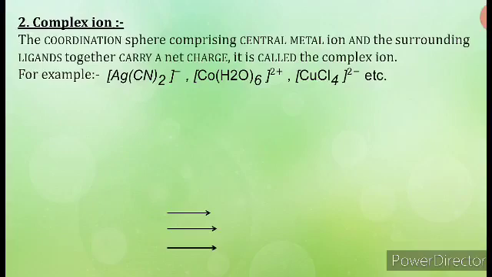Then the coordination entity: the central metal atom or ion and ligands all together without any charge is known as the coordination entity. And the complex ion is the coordination sphere with central metal atom or ion and ligands with any residual charge, either positive or negative.